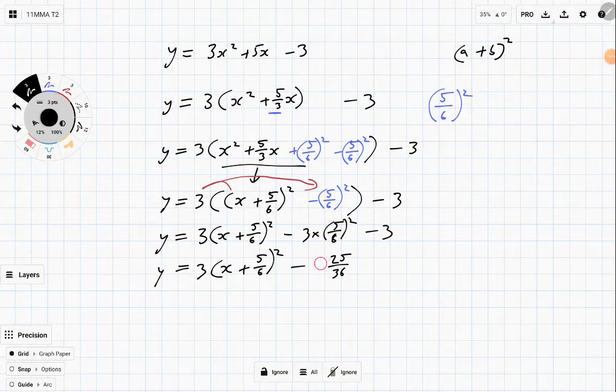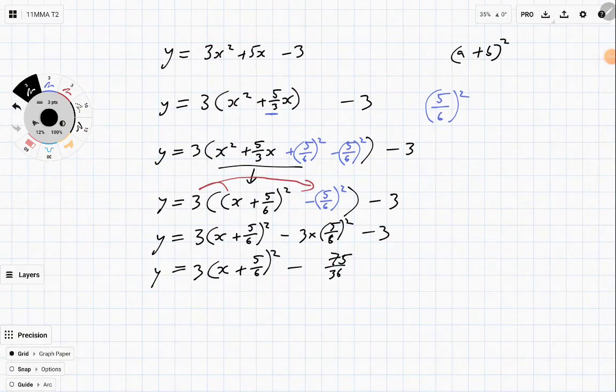But 75 and 36 both have a common factor of 3. So I can divide top and bottom by 3. So I'm left with 25 on the top, 12 on the bottom. No more common factors between top and bottom, minus 3.